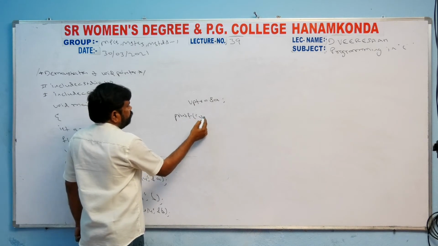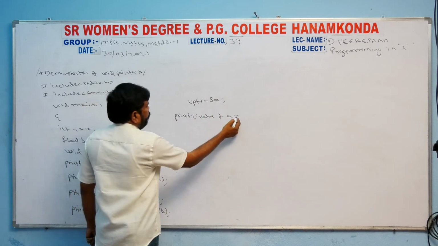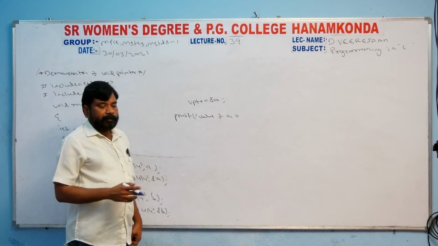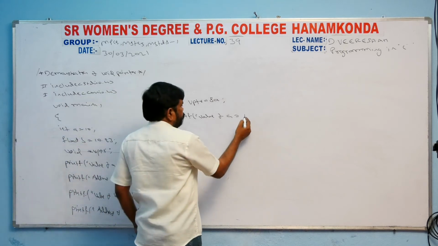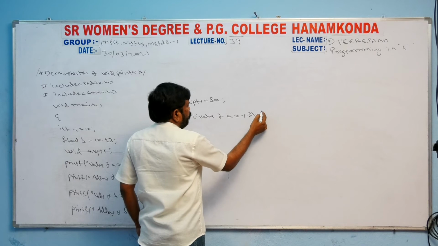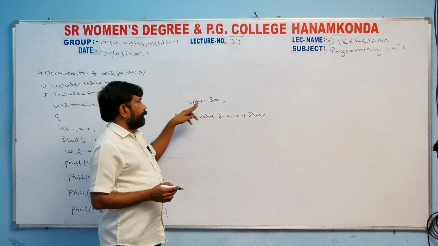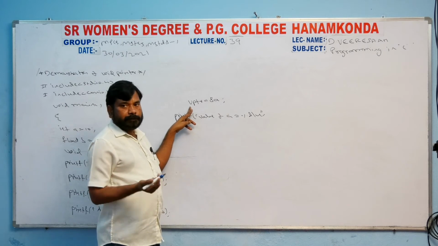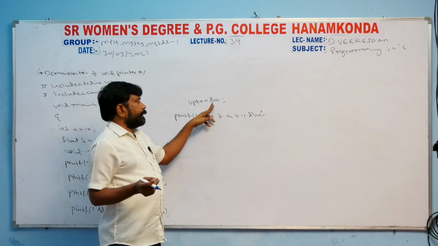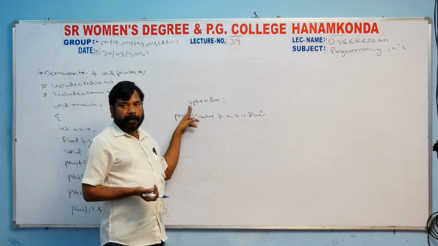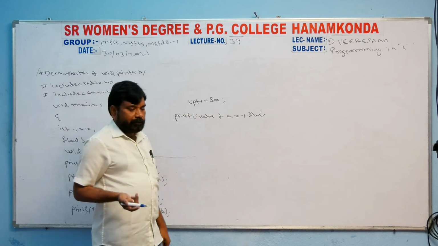Printf "value of a is equal to". Is it working or not? That we are going to see. Okay, value of a is equal to %d \n. So now what I am doing here? Star, the void pointer. It means till now I have not assigned any data type to the void pointer. Is it right or not? So for that you have to try like this.